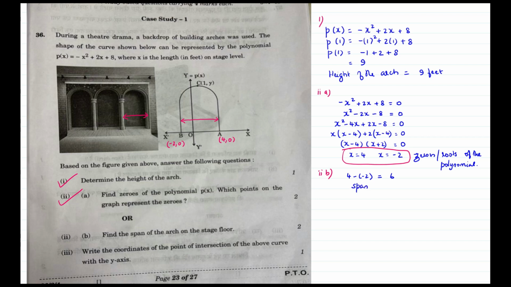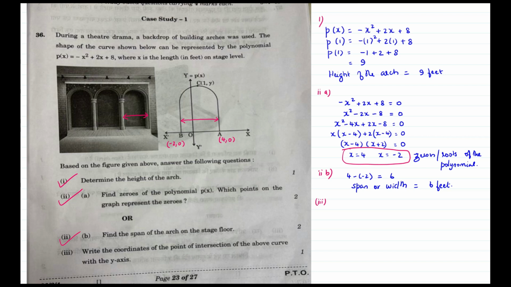Therefore, the span or width will be equal to 6 feet. Very simple, and they have asked this question for 2 marks. Once you had found 1a, there is nothing more to find in 1b. Let us go to the third part of the question.